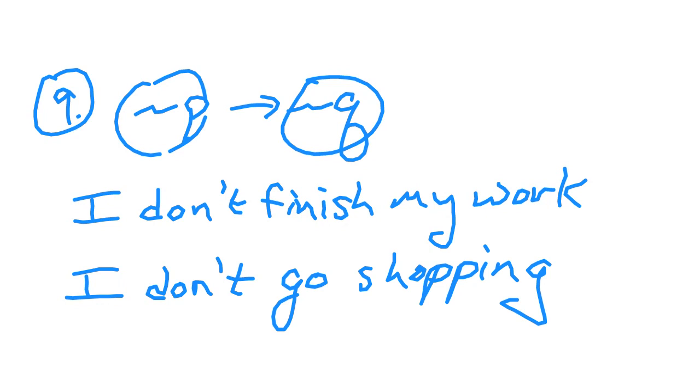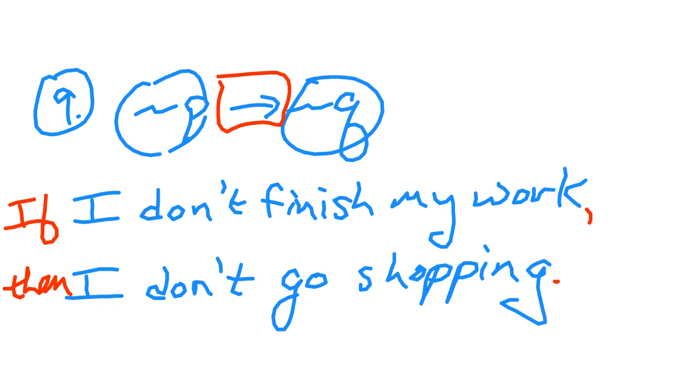And then what we're doing with that is, of course, order of operations: I would do the negations first, and then the implication or conditional statement last. Once again, it's if the first thing, then the second thing. So we could write this as: if I don't finish my work, then I don't go shopping. That's one correct version of our answer.